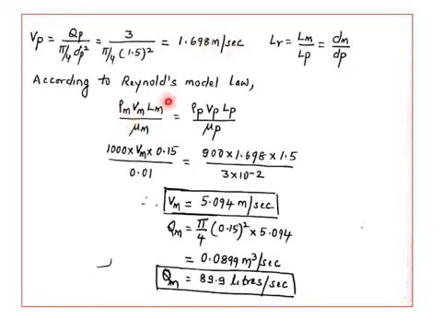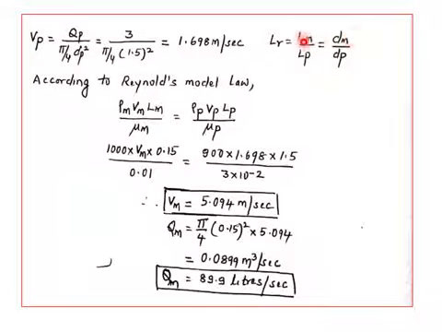We can apply Reynolds model law: rho m Vm Lm by mu m equals rho p Vp Lp by mu p. Since in the model water is flowing, rho m is 1000, and the velocity in the model has to be determined. The diameter is given, because this is again a linear scale, the ratios have to remain the same.